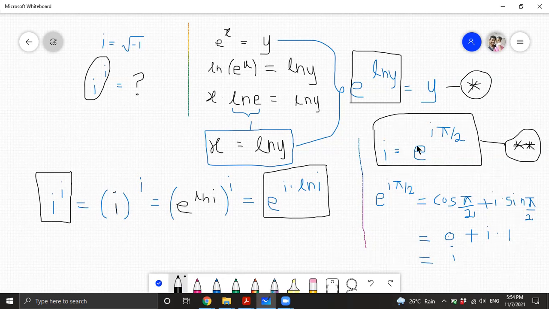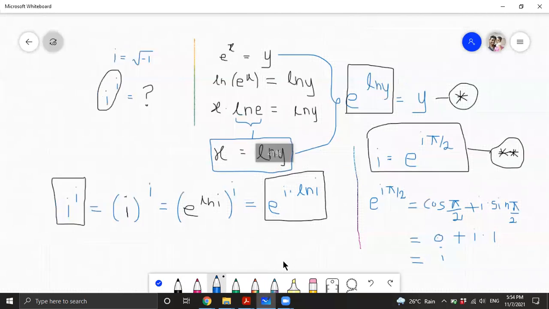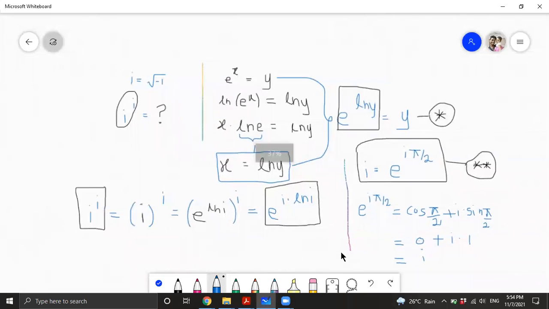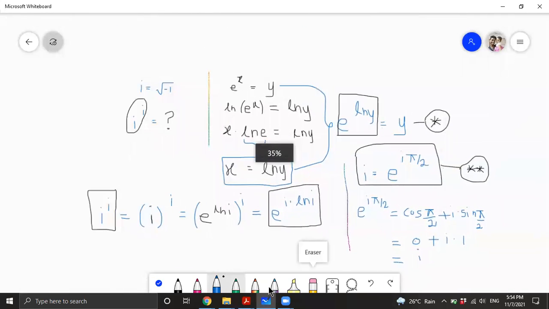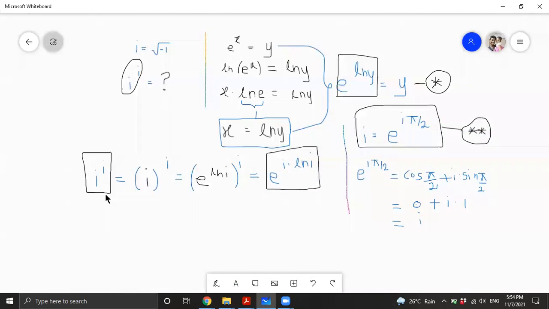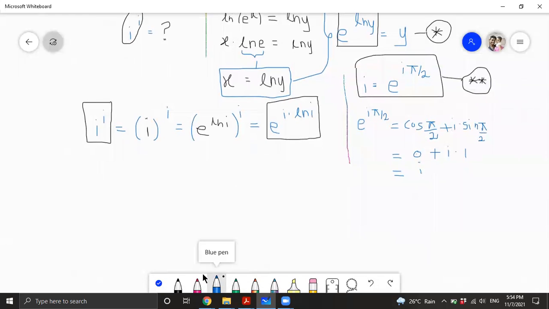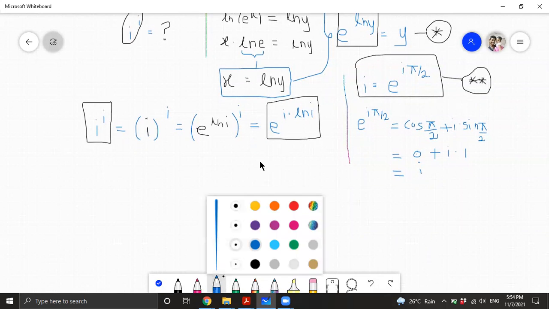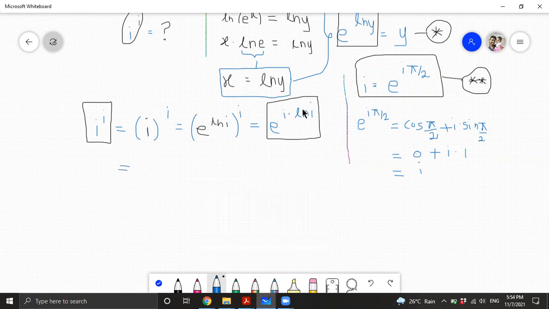So I'm going to plug this formula into this to find the solution for i to the power i. For this i only, I can use this double star.